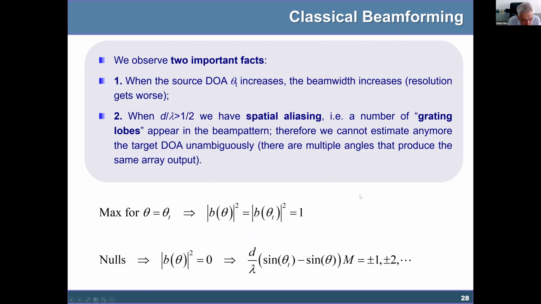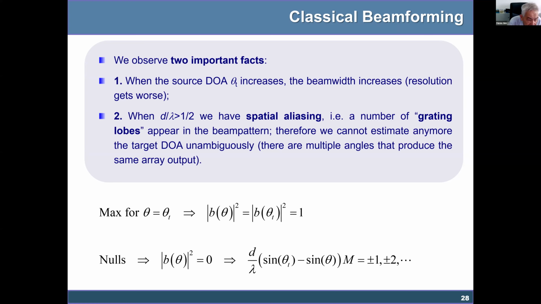So in summary, we can observe two important facts. When the direction of arrival of the source theta t increases, the beam increases, and so the resolution gets worse. And remember, the resolution is the ability to separate different sources, so signals coming from different directions of arrival.